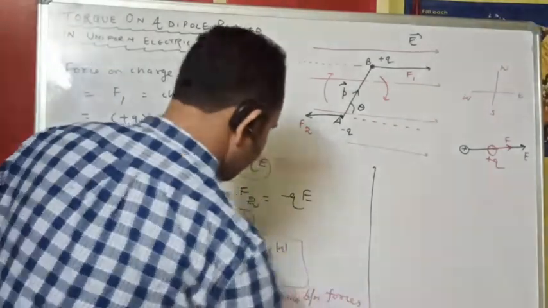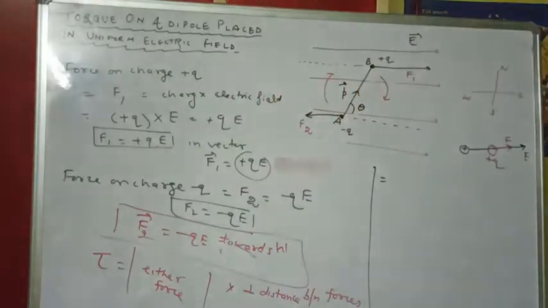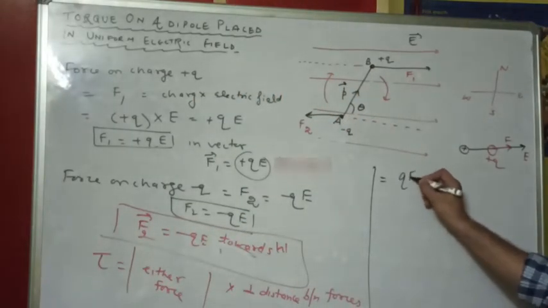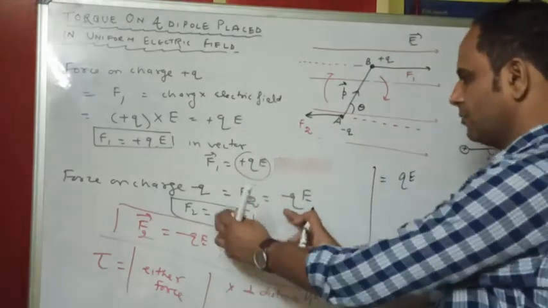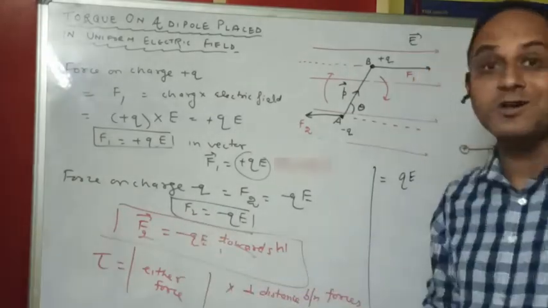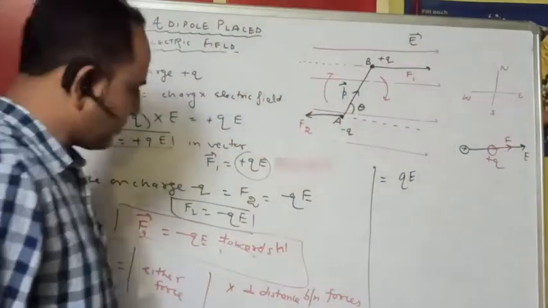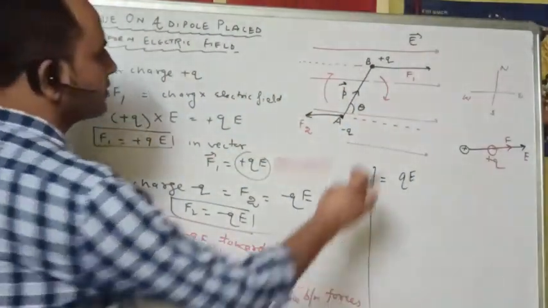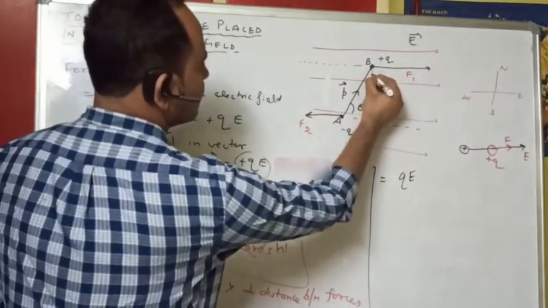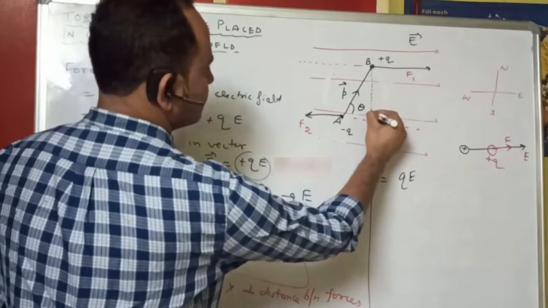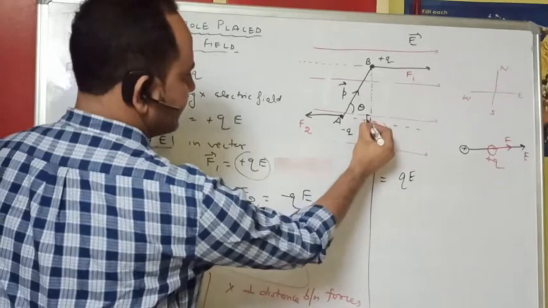Let us understand. The torque will be the magnitude of either force, which you can write as qE. If you take the modulus of this one it will be qE, and of this one also qE. This is the magnitude. And what is the perpendicular distance between the forces? For this purpose, I am putting a perpendicular on the extended line, at a 90-degree angle.